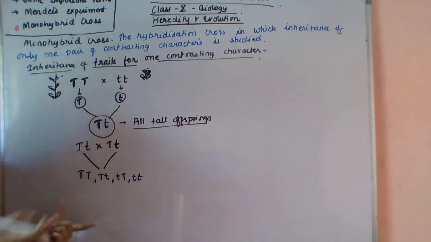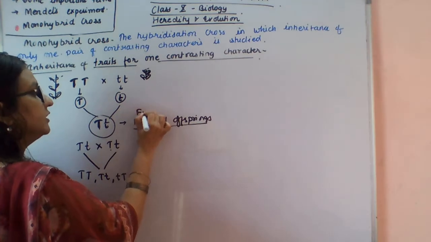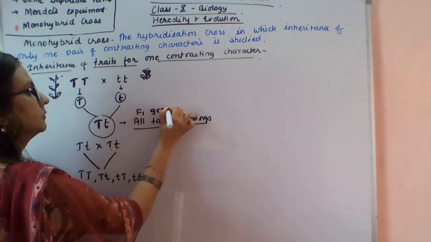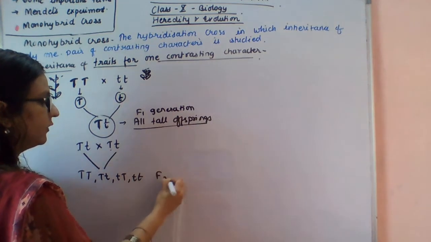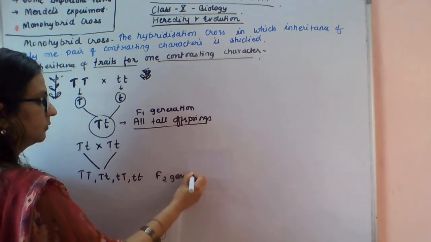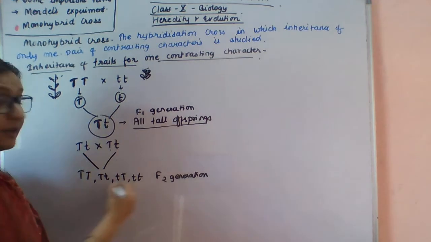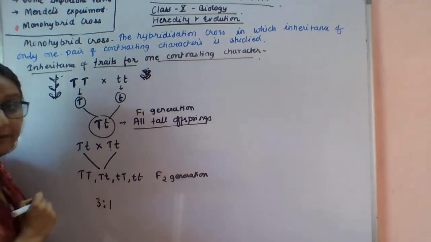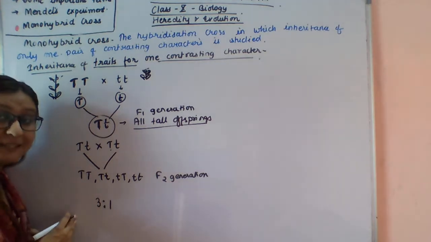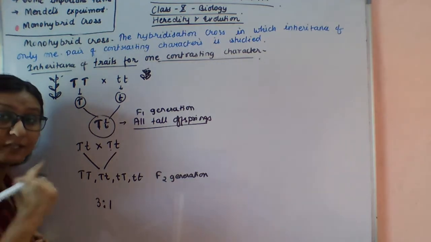This is called the F1 generation, and now this is called the F2 generation. He will find them in the ratio of 3:1. Three will be tall and only one is dwarf.